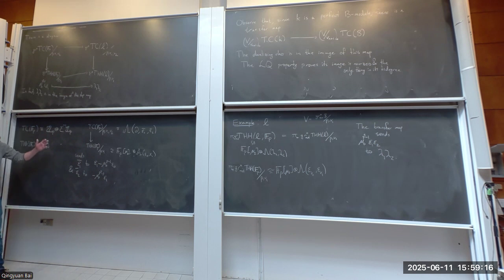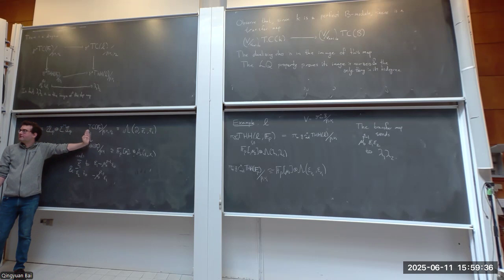But I would just like to indicate that in order to prove that lambda 1, lambda 2 is in the image of this top map, we need to make a calculation, the bottom arrow, which is a THH calculation, much easier than a TC calculation. The other thing we need to do to lift that to TC is understand something about this map. But this map is just about F_p, it's not about the atom summation or some strange ring spectrum.